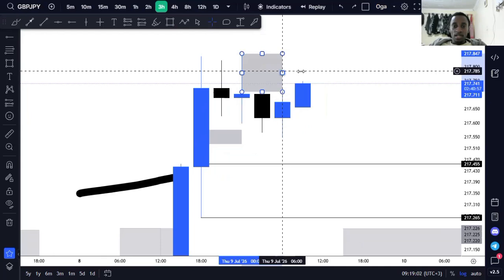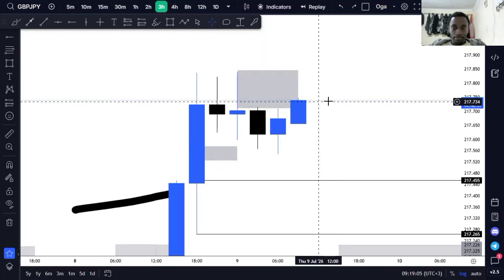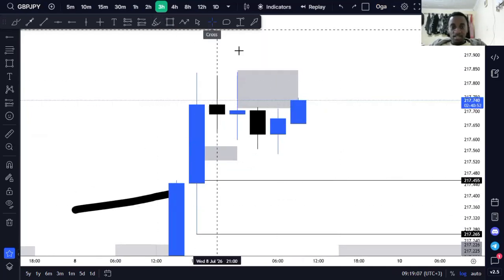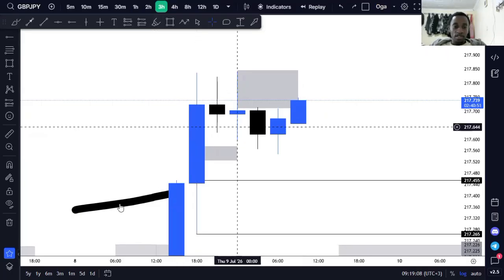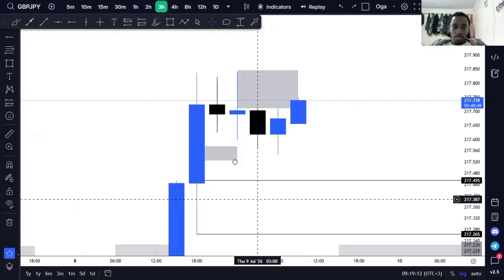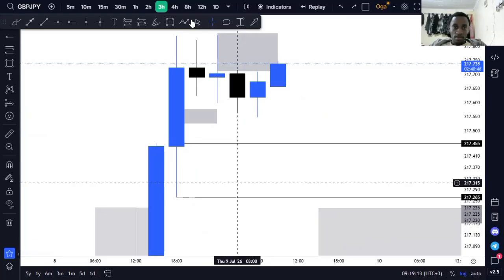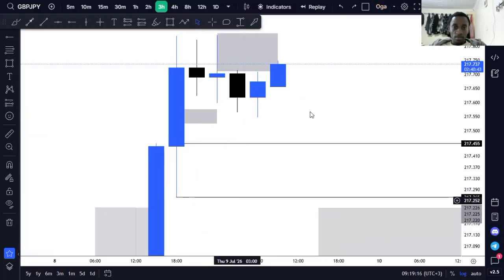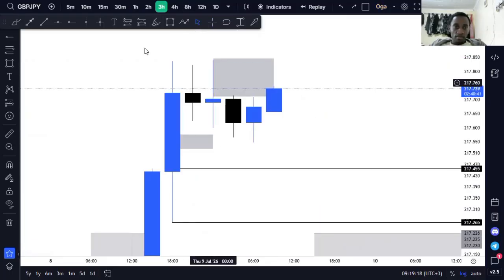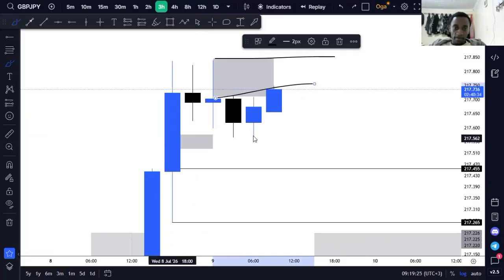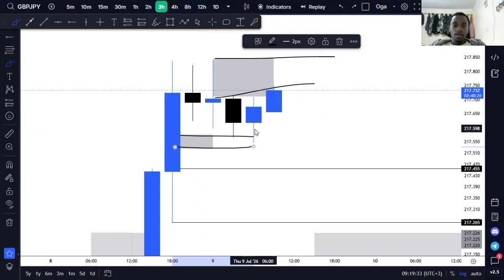So if it's going to react to this point first or even take it out before reaching the lower part, this zone here, the one I've marked low, let me show you. Since it left this part and reacted to the first week overlap, I think it's on different time frames, but on lower time frame it could be a structure. So you can see it left this part first.